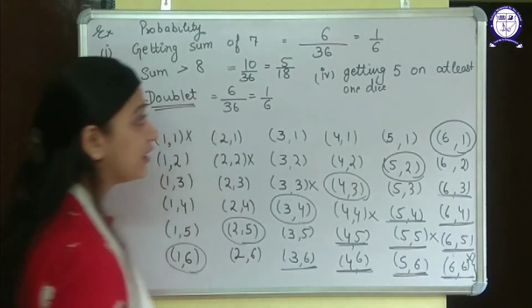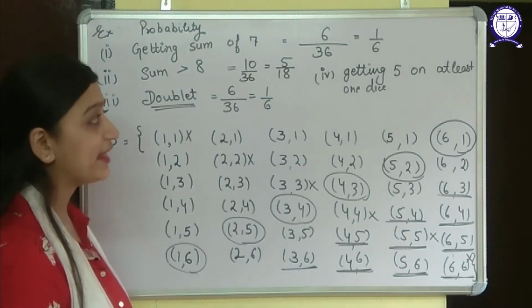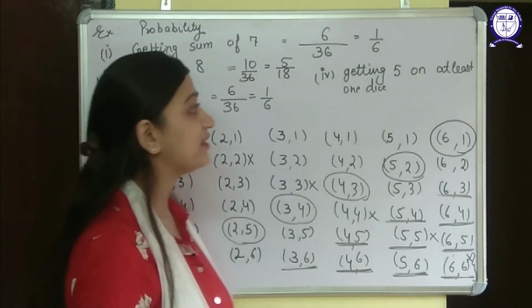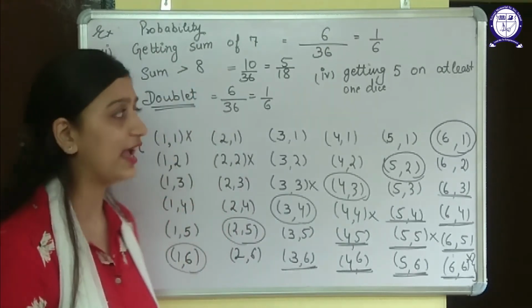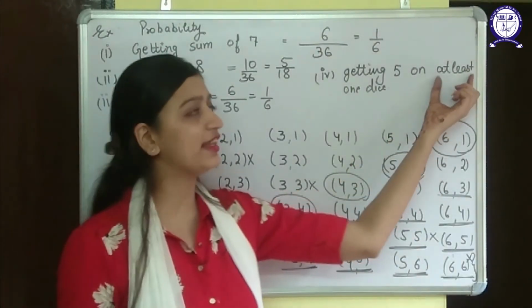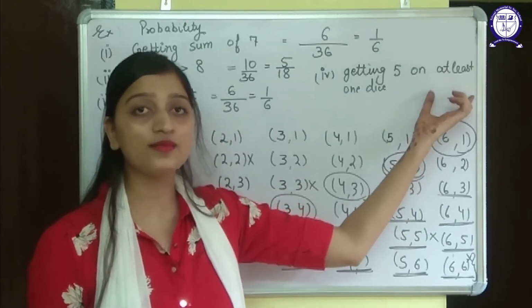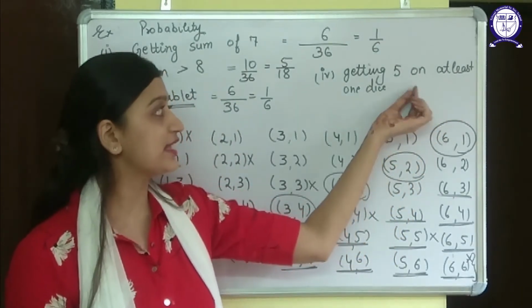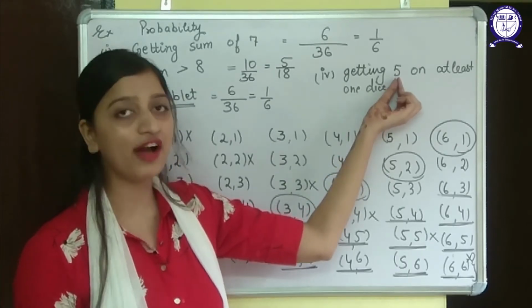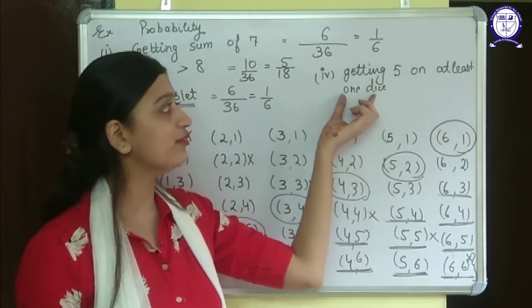Okay. Now read the question carefully. Getting 5 on at least one dice. Now the concept of at least I have told you in the case of coin. At least means come, say, come. So it says that I will have 5 but at least on one dice.